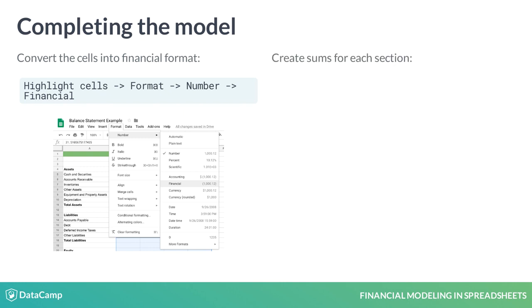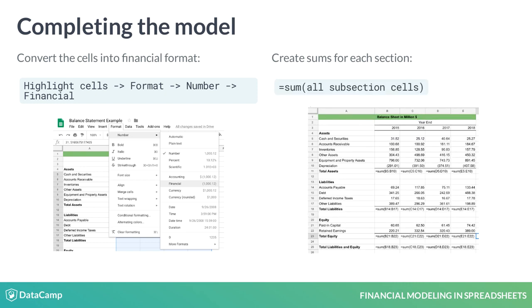Next, you will create section subtotals by typing equals, sum, open parentheses, selecting the cells in that section, and close parentheses. The total equity and liabilities section is the sum of the subtotals for equity and liability. This sum should be equal to the sum we find in the total assets line to check the model.